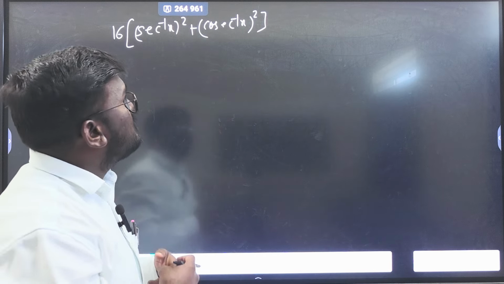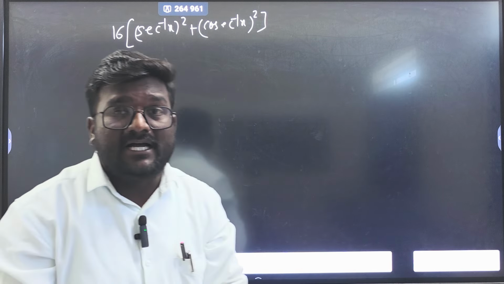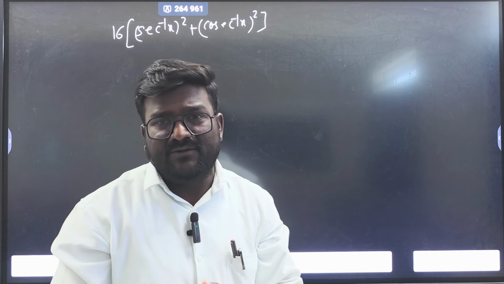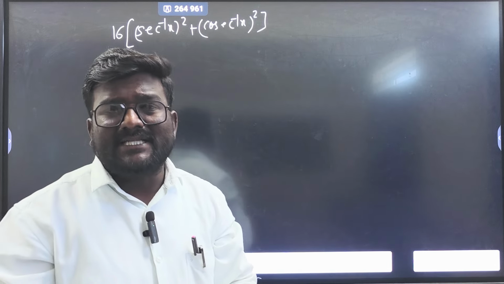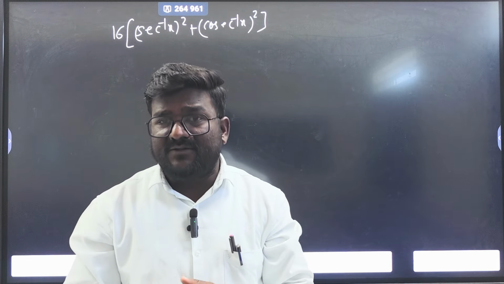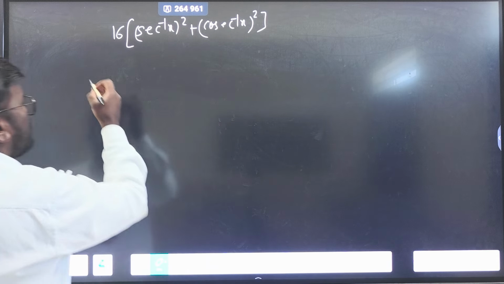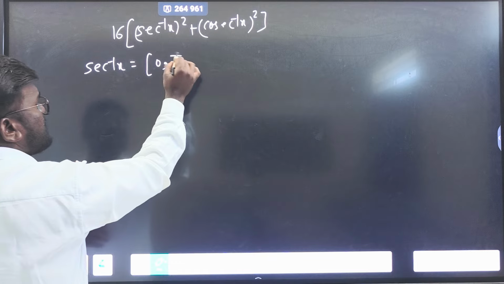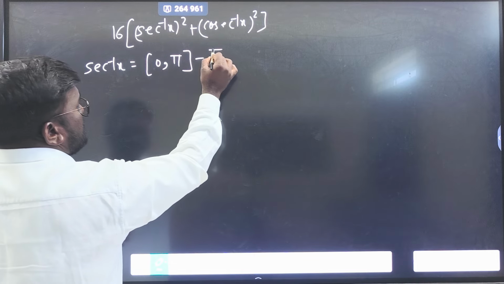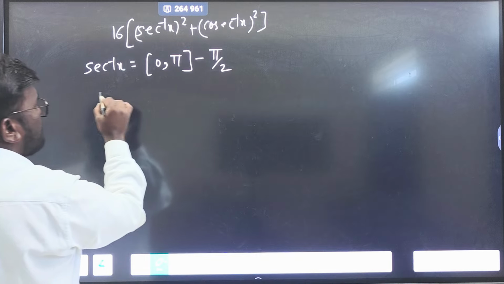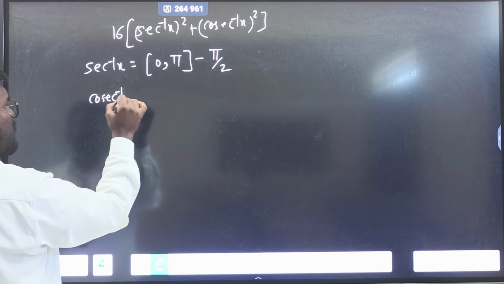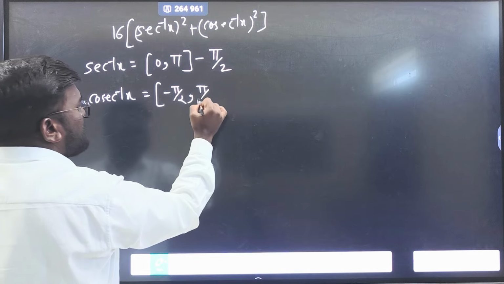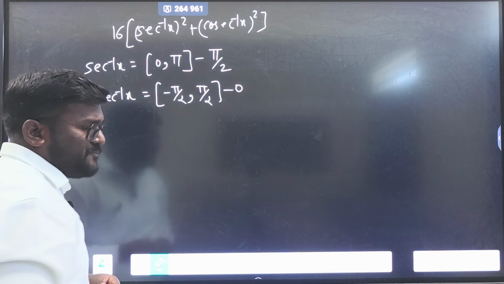For finding the solution for this question, beta, first you should know the principal values of sec inverse x and cosec inverse x. The principal value of sec inverse x is the closed interval 0 to pi, excluding pi by 2, and the principal value of cosec inverse x is minus pi by 2 to pi by 2 excluding 0.